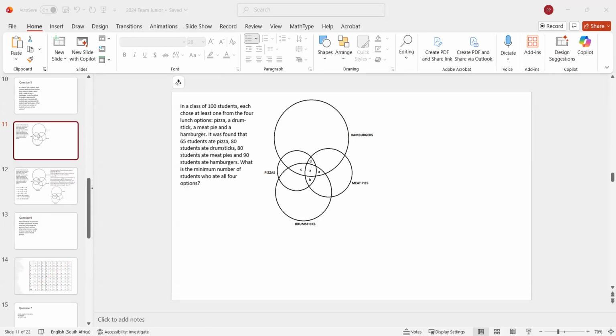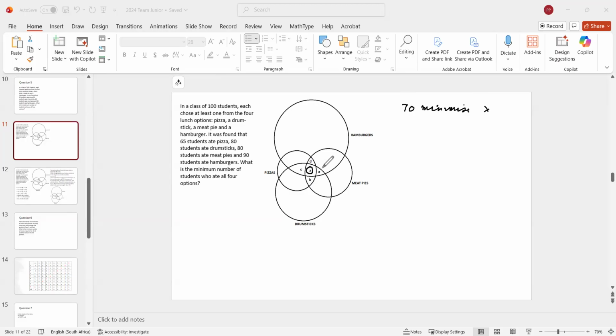Now I just want to see the people who ate all 4 are inside here. This is the X that I'm talking about, right? And we want to minimize X.